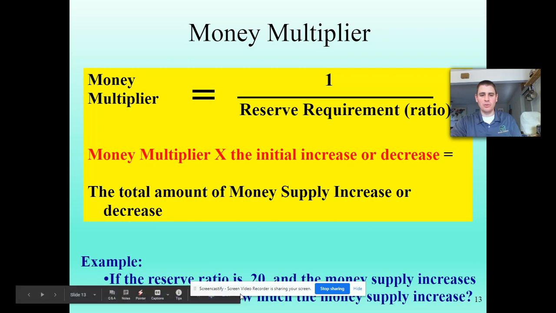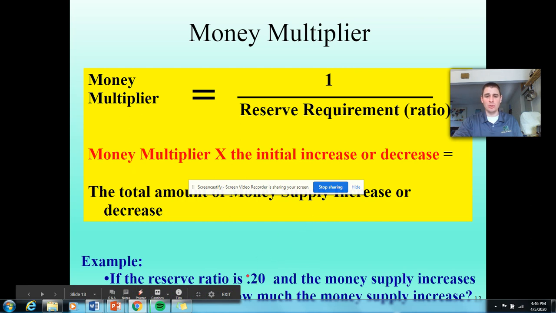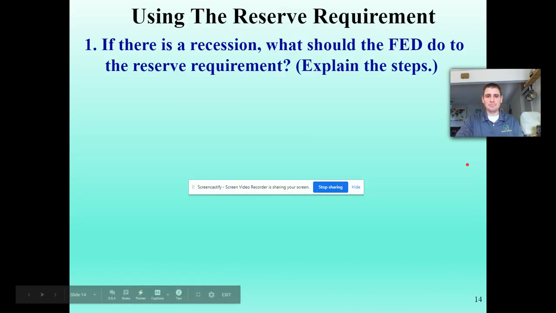Example, if the reserve ratio is 20% and the money supply increases $2 billion, right? How much will the money supply increase? Well, again, if our reserve ratio is 0.2, 1 over 0.2 is 5. 5 times that initial change creates 5 times 2 gives me 10 billion total change.